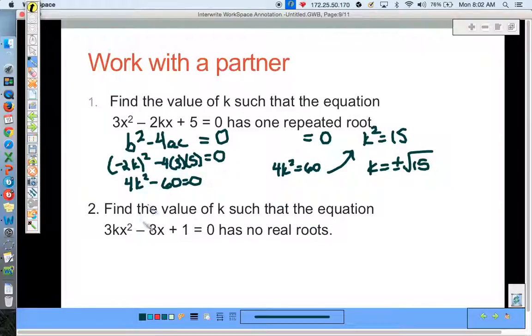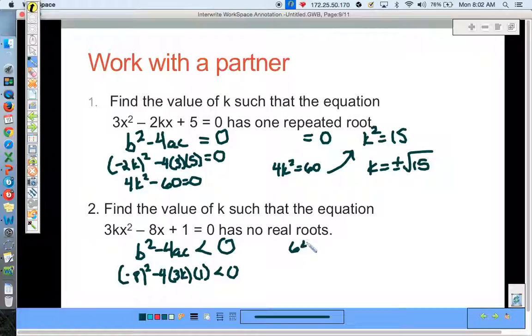And then it has no real roots, so that means b squared minus 4ac has to be less than 0. So we have negative 8 squared minus 4 times 3k times 1 has to be less than 0. So 64 minus 12k is less than 0.